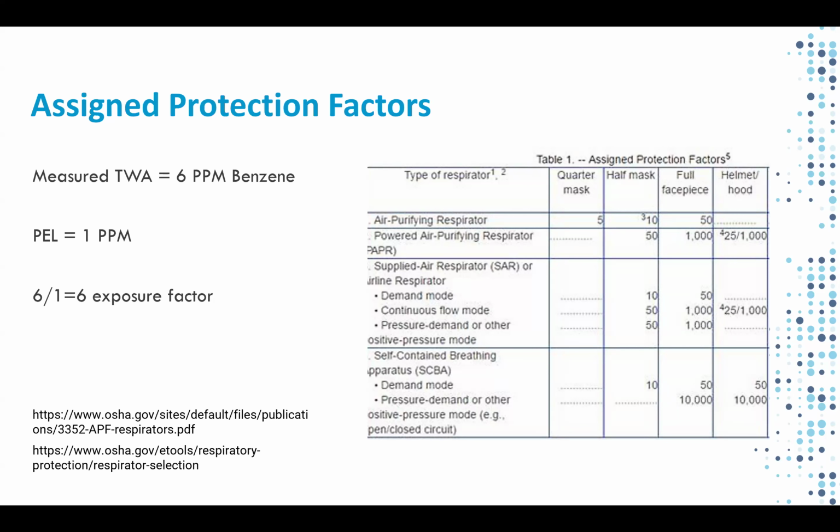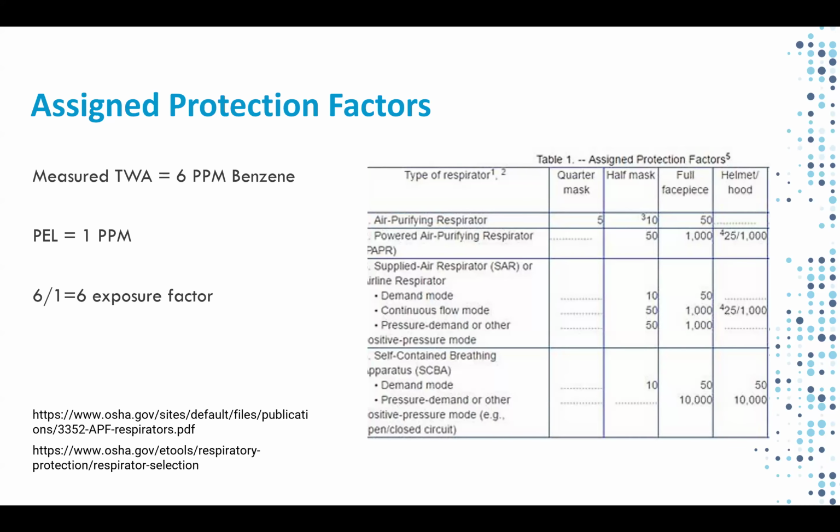But so if you went out and did some measurement for benzene, for instance, if you got a measured time-weighted average of exposure for an employee of 6 parts per million, well, it wouldn't be limited to an employee, but you get what I'm saying. This is making for some simple math. The permissible exposure limit currently in OSHA's regulation is 1 part per million.